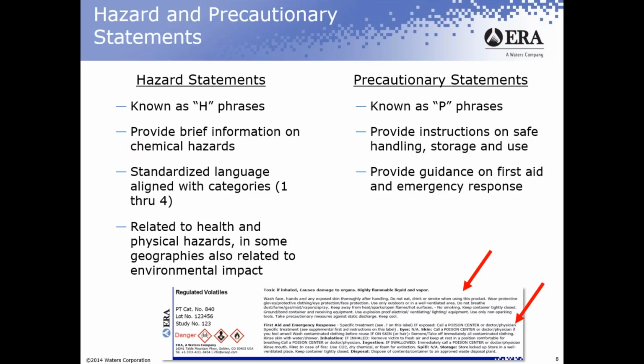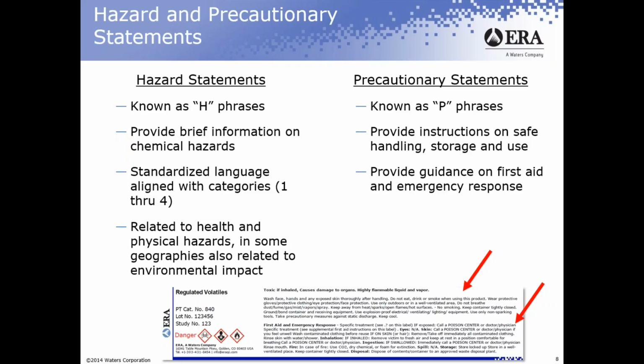So let's go back to our ERA label that we've been looking at. So we have regulated volatiles. It's catalog part number 840. We have the danger warning there on the bottom. We have our pictograms, and just to the right we have our hazard statements, and below that we have our precautionary statements. Sometimes the hazard and precautionary statements are known as H&P phrases, as some people like to talk about them.